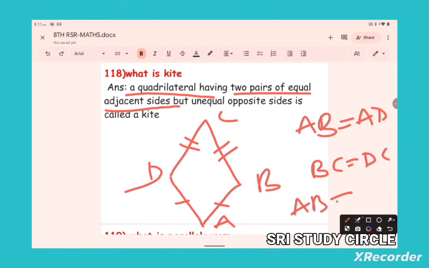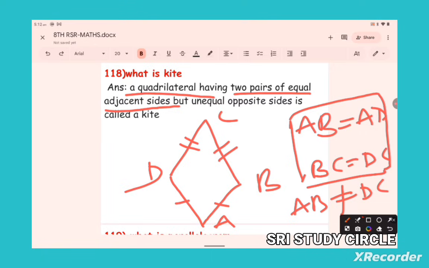AB is not equal to DC. Only the lengths of the adjacent sides are equal. Then such a quadrilateral is known as a kite. In a kite, only the adjacent sides are equal, not the opposite sides.